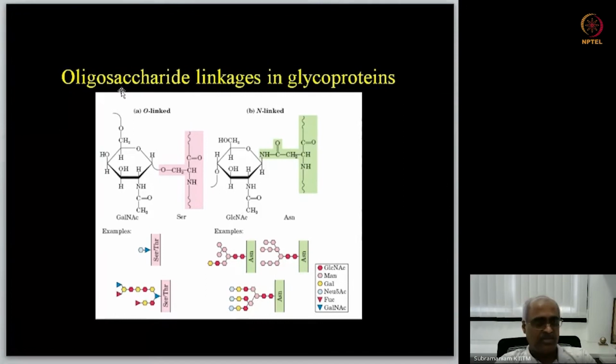It's not a long polysaccharide. And usually there are two types of linkages between carbohydrate and proteins. They are either via the serine or threonine hydroxyl group. So this is the side chain. This is the polypeptide in which you have the serine, with the amino group and carboxyl group.